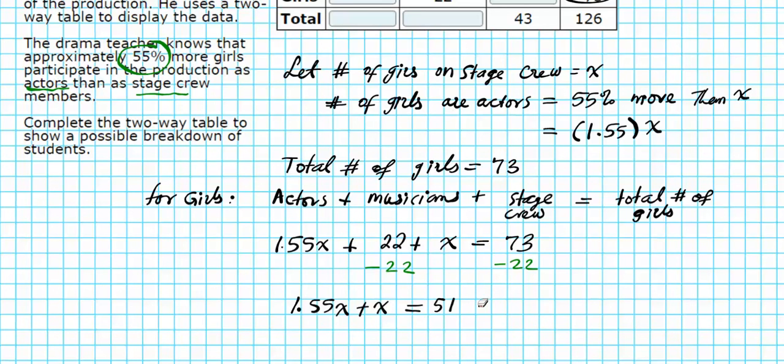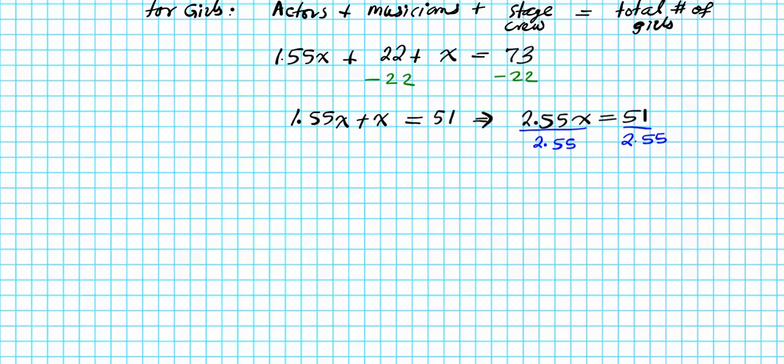Combine like terms, that gives us 2.55x equals 51. Now let's get x isolated, divide both sides by 2.55. You can do that with your calculator, and that will give you x is equal to 20. Okay, so x is equal to 20.